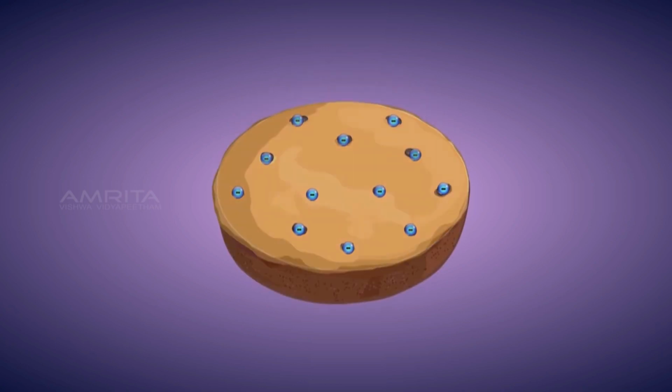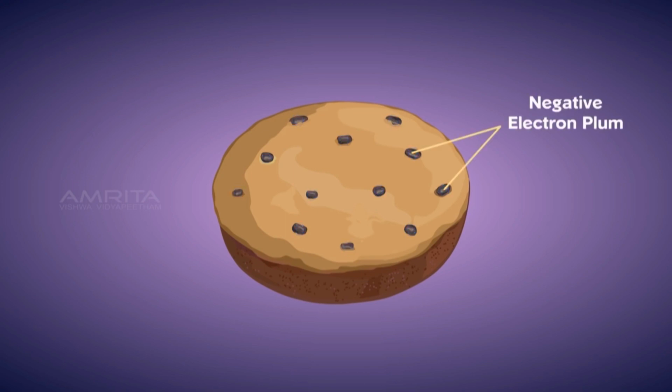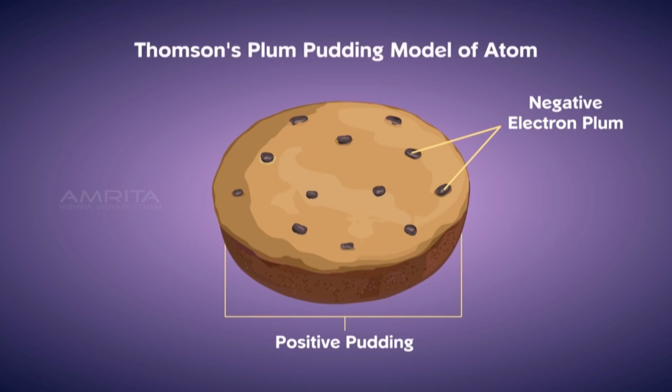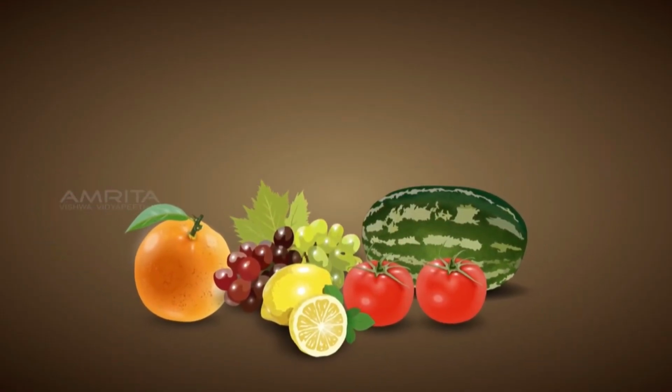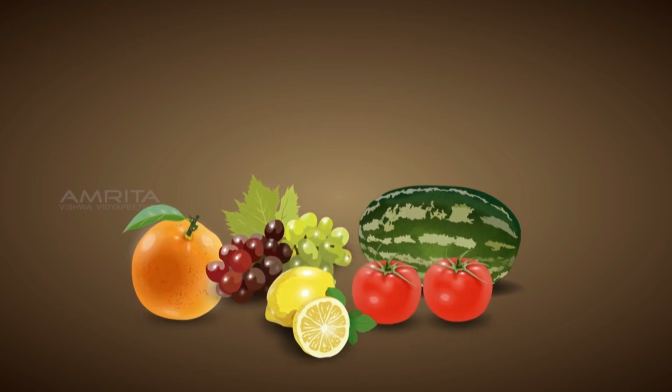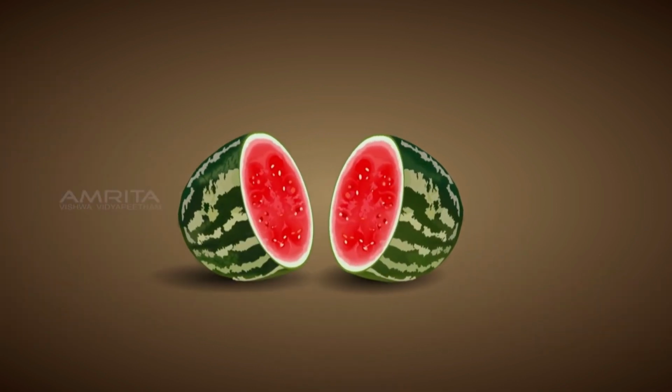The model of an atom proposed by Thomson is similar to a Christmas pudding. In this model, electrons are arranged in a sphere of positive charge like plum in the spherical Christmas pudding. So it is called plum pudding model of an atom. Do you know of any fruit that we can compare Thomson's atom model to? Well, it can be compared to a watermelon.